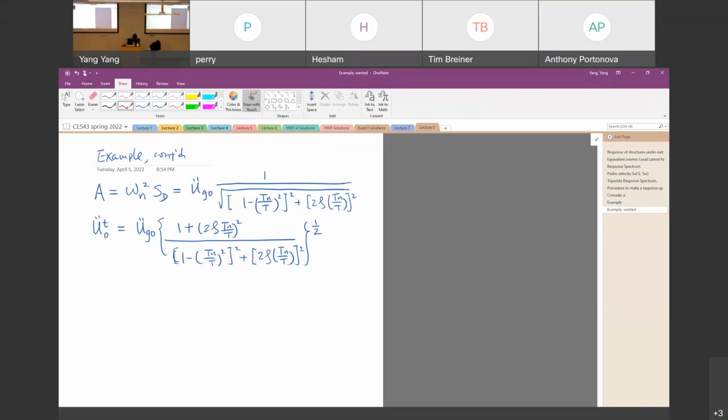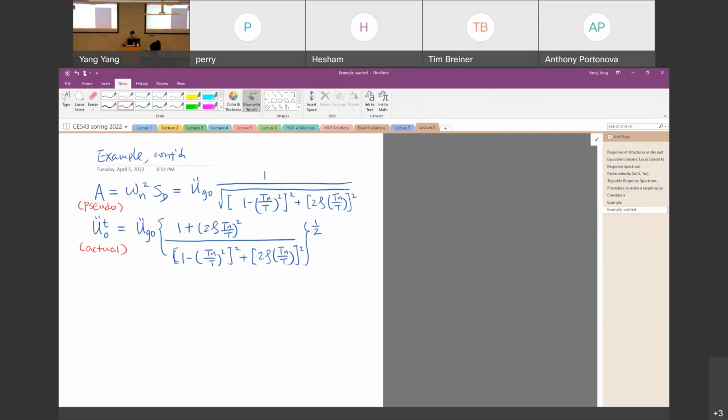And the first one, this is the pseudo. This one is the actual. So the actual acceleration amplitude should be written in this way, of course, in this one. Are they the same?